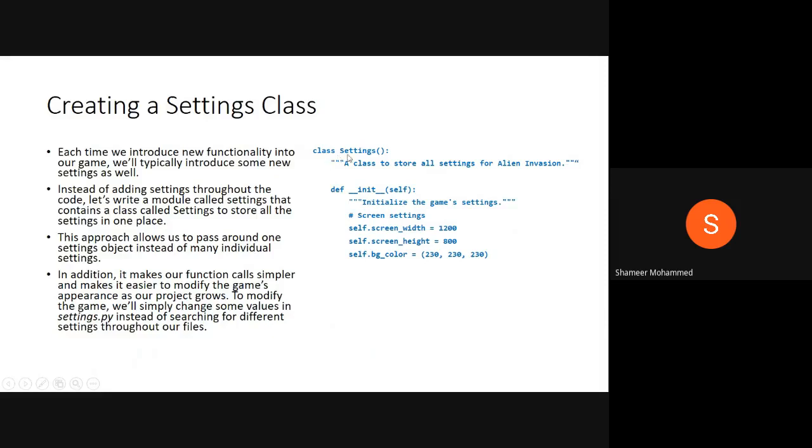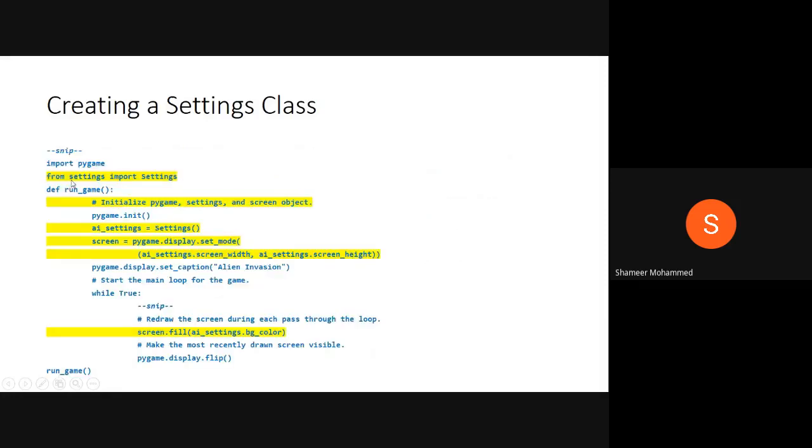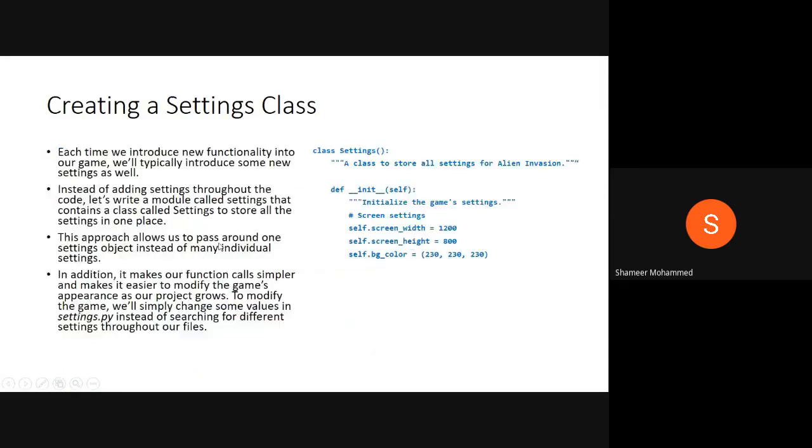This is the class called settings, in the settings.py Python file. Imagine this is another class, in which I am importing the module: import from the settings module this class Settings. This is imported.